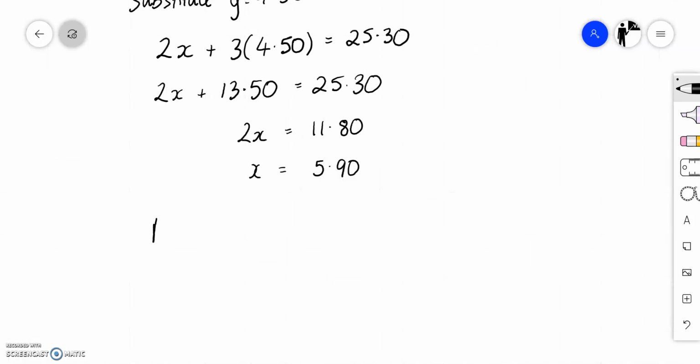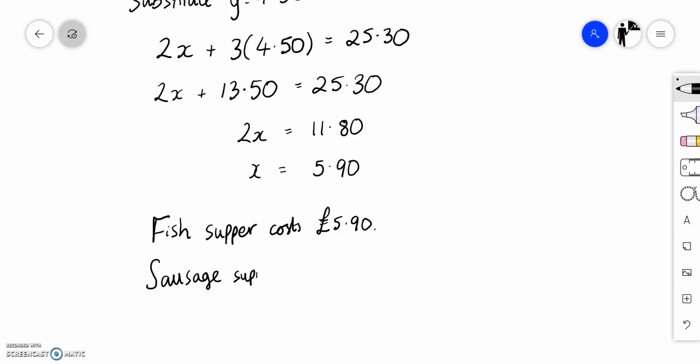So then we can just say a fish supper costs £5.90. Sausage supper costs £4.50.